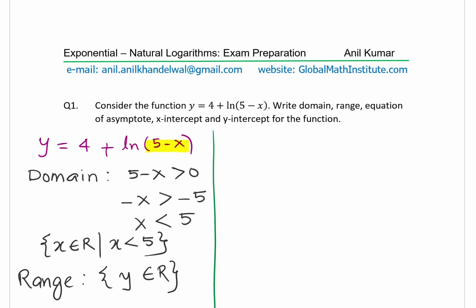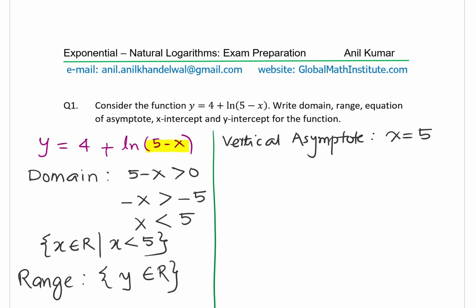So we can write down a vertical asymptote in this case, which will be at x equals 5. So the left side of this 5 is where the graph is going to be.